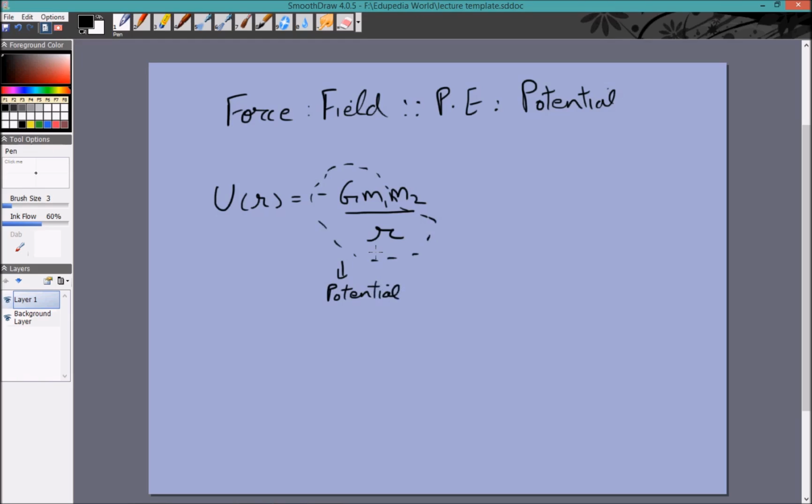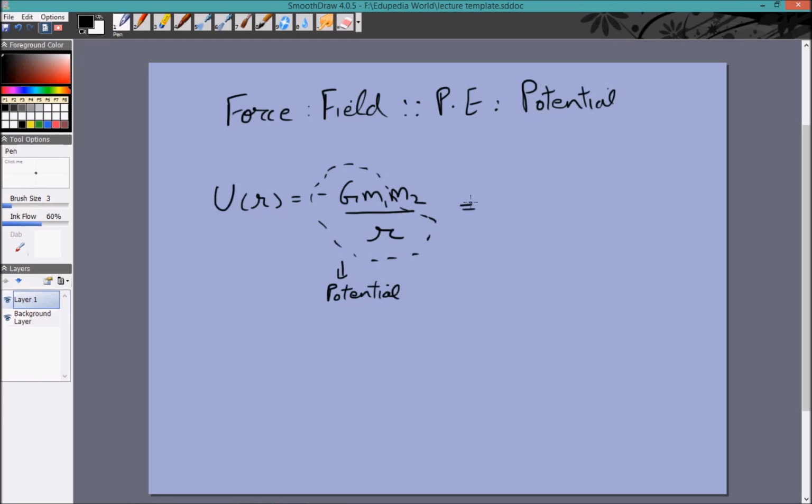And the use for this should be clear to you by now, because you know the use of talking in terms of field as opposed to force: now we can simply talk about potential, just like field, as a property of space. We do not need to worry about what is the configuration that caused this particular potential. If we are given the potential and we are given the mass of the particle which we are studying, we can calculate everything there is to know. We are not interested in the inner formula, how this potential came to be. We are just interested in what this total quantity may be.